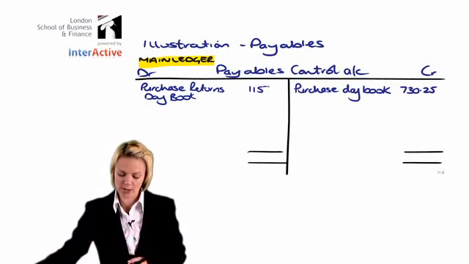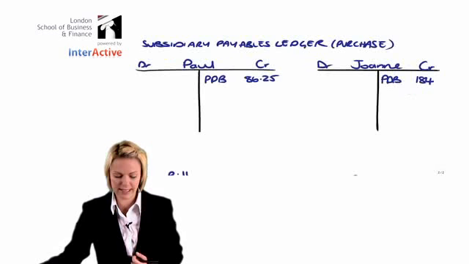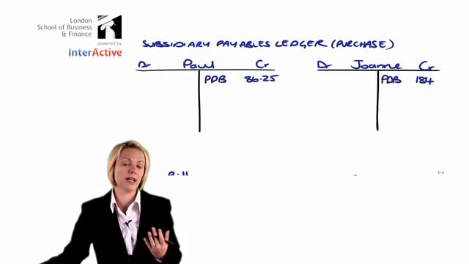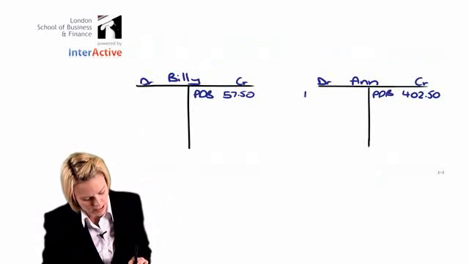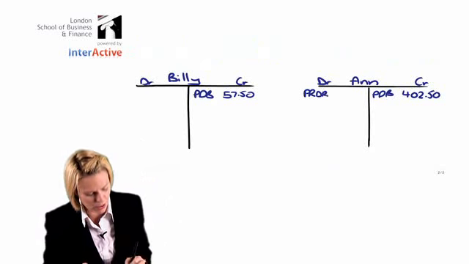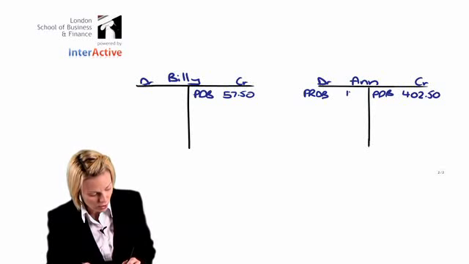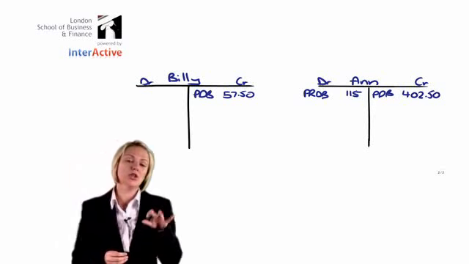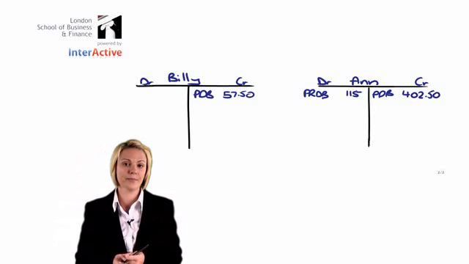If we do it in the control account, we must also do it into the individual supplier's account in the subsidiary payables ledger. And we're going to go to supplier Anne, and from the PRDB, the purchase returns day book, we're going to post 115 debit to reduce down how much we owe to supplier Anne.